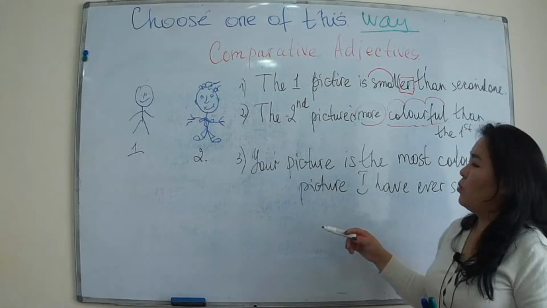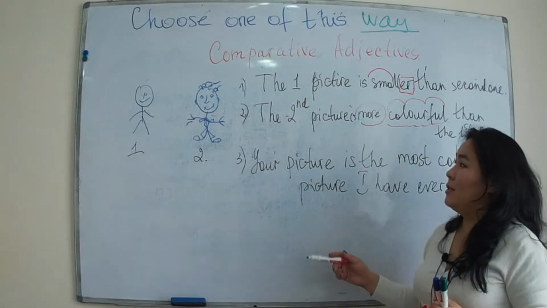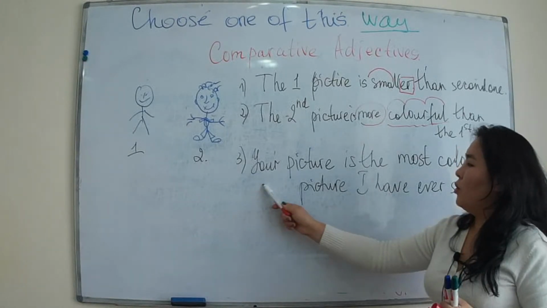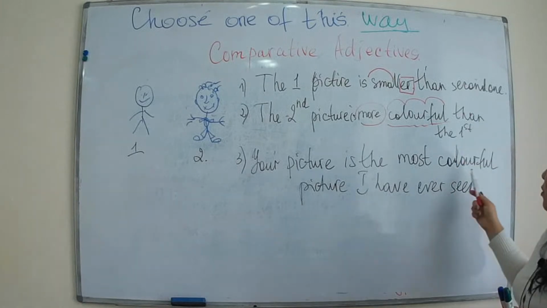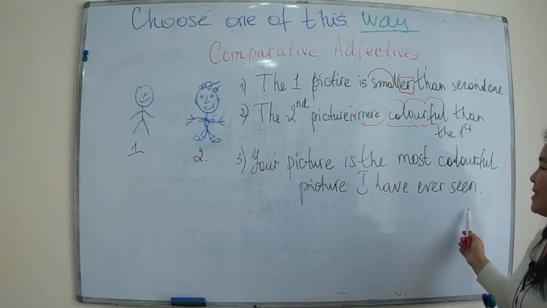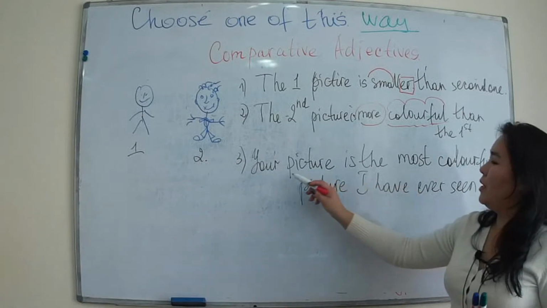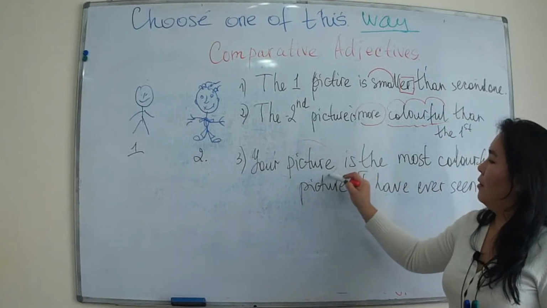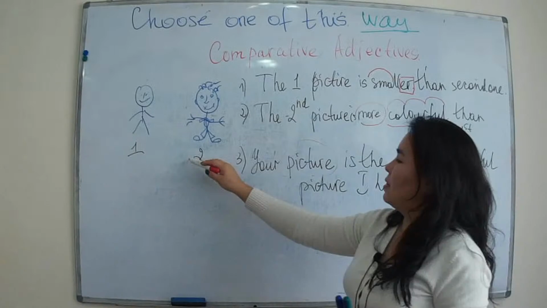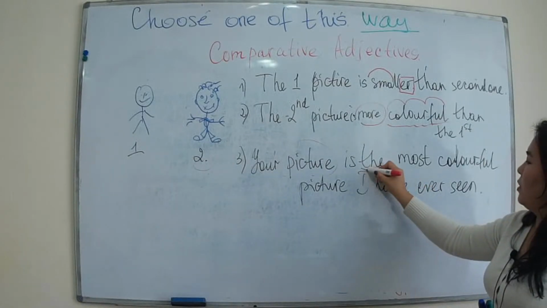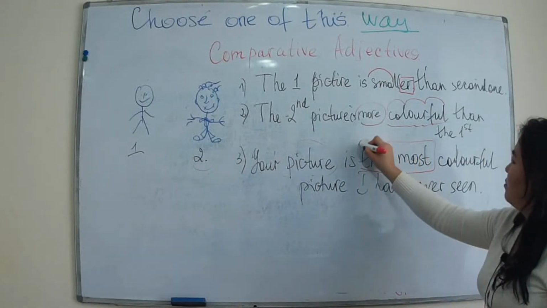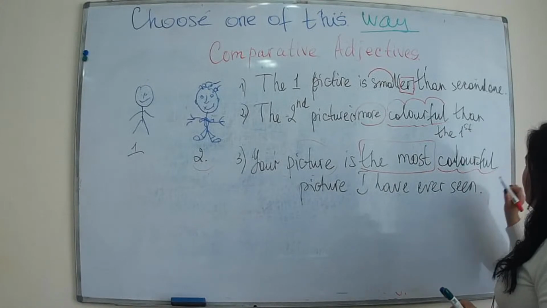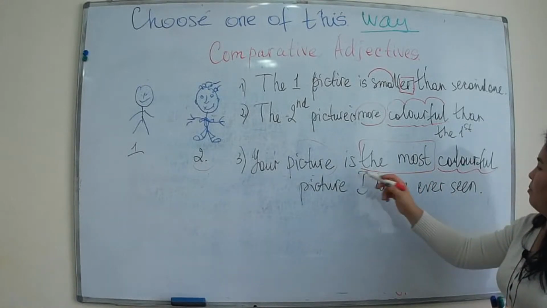And when we want to say in superlative degree, we say your picture is the most colorful picture I've ever seen. So here we describe that picture. The second picture is the most colorful. We use the helper the most and the adjective with 3 syllables. Your picture is the most colorful.